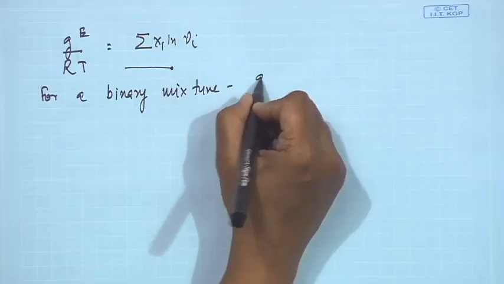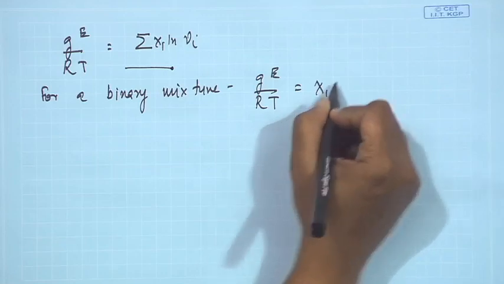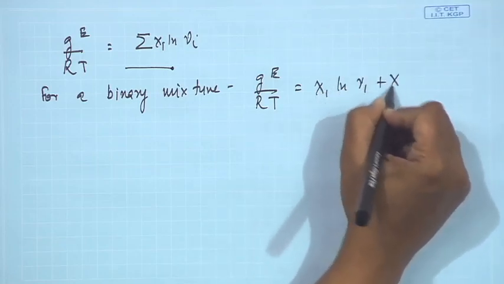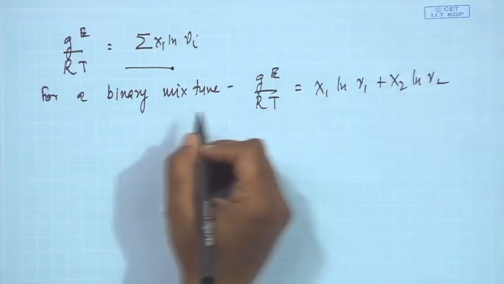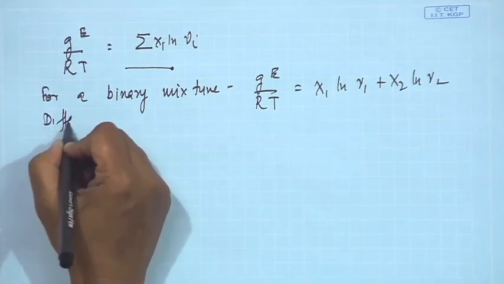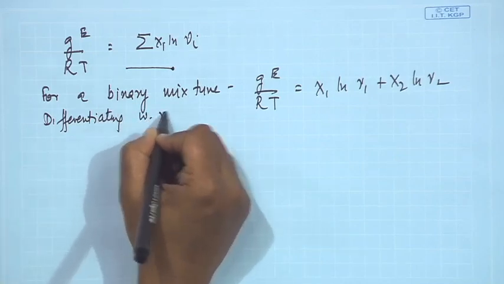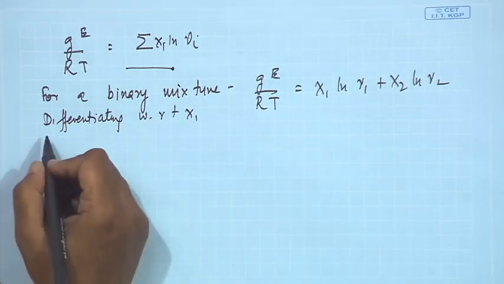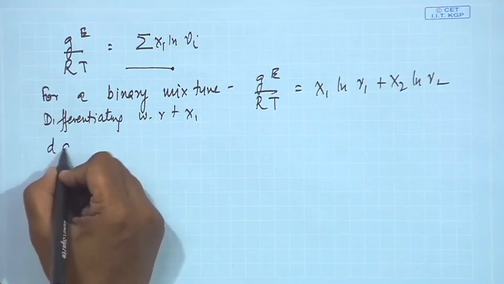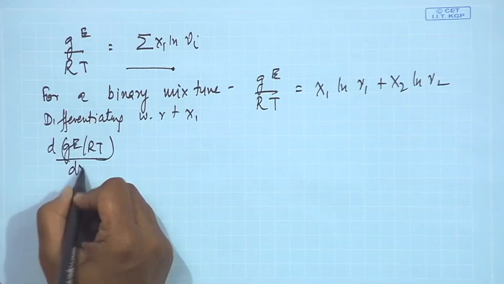So, for a binary mixture, what do we get? This equation reduces to GE by RT equals x1 ln gamma 1 plus x2 ln gamma 2. If we differentiate this particular equation with respect to x1, what do we get? We get d(GE/RT)/dx1.